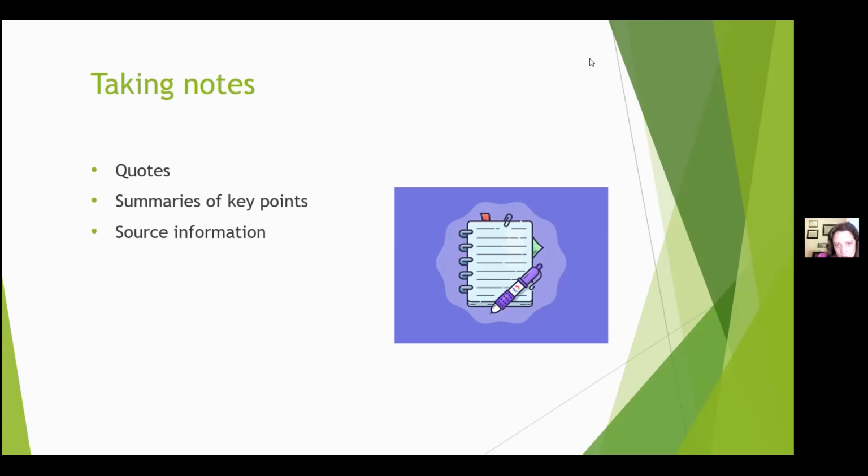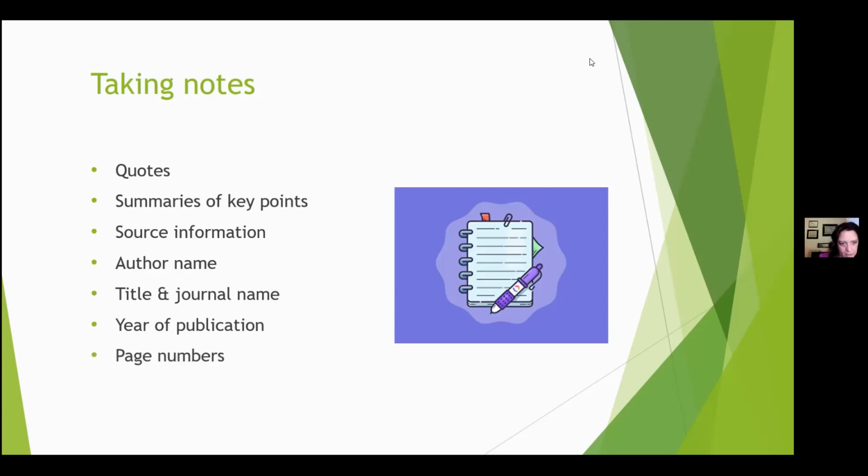So the source of the information, where did you find it? What journal article was it in? What book was it in? What page? What year? And again, I'm going to show you how to do all of this, but I want you to make notes because this is really important to keep separate from everything else. Make sure you write your author's name down, the title and the journal name, the year of the publication, and page numbers.